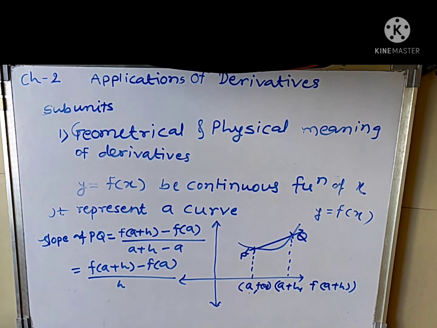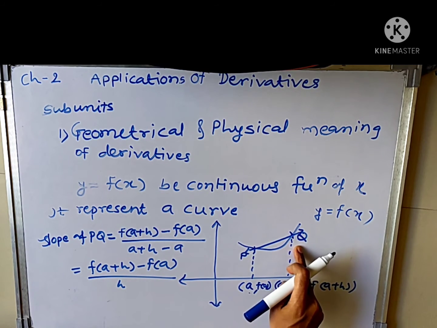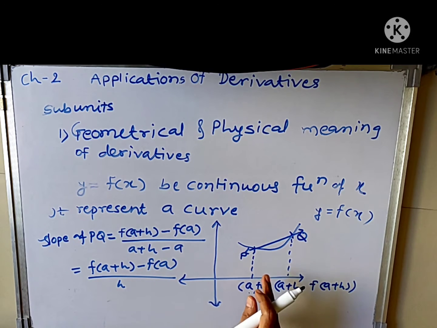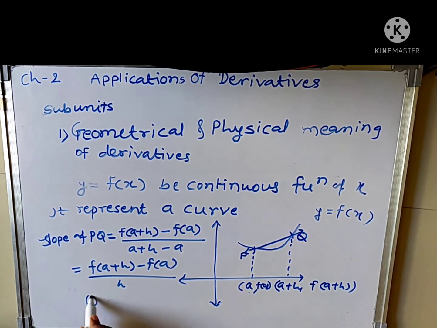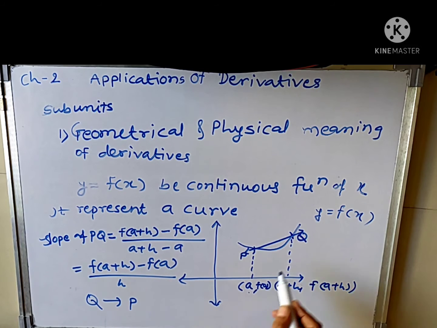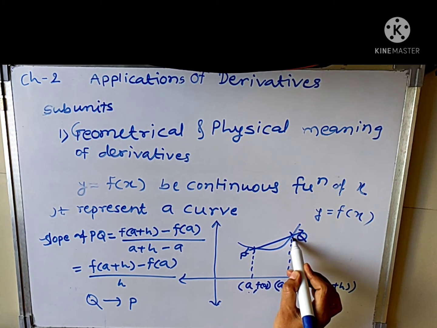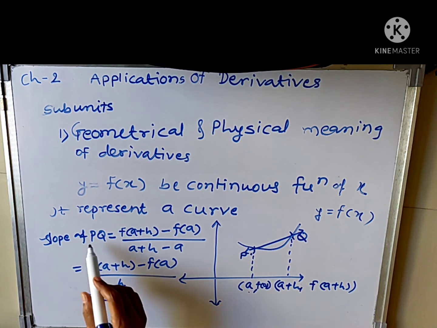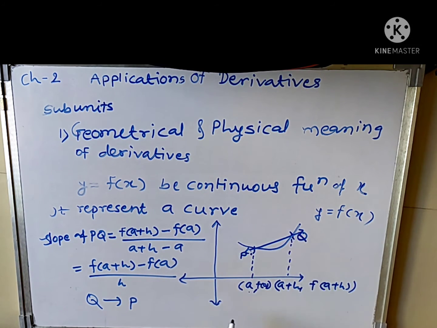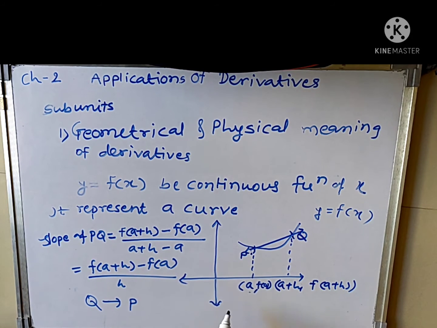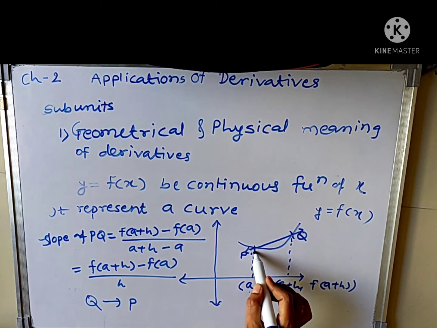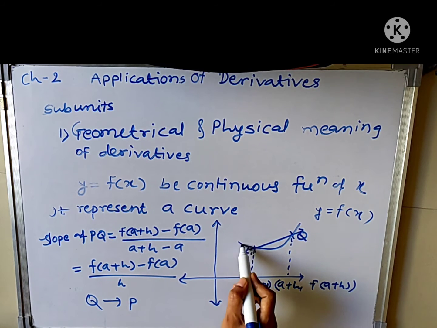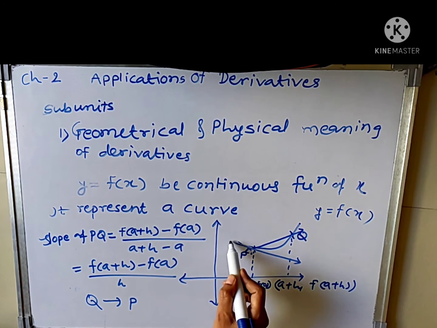Now the point Q moves along the curve such that Q tends to P. We have to move the point Q along the curve in such a way that Q tends to P. Means this chord PQ becomes a secant and approaches a tangent at the point P. You have to draw the tangent this way.